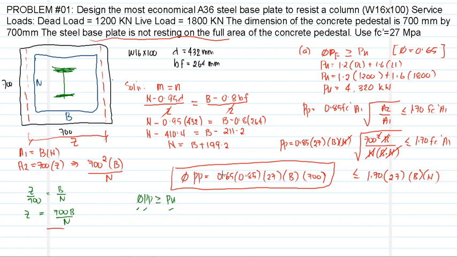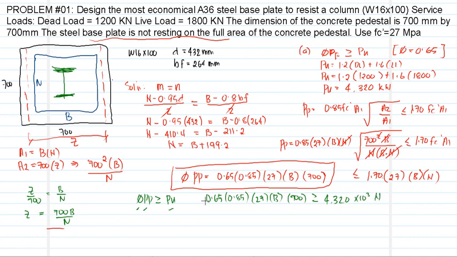So, this is our phi PP equation, in terms of B. So, substituting our values here, our phi PP is equal to 0.65, 0.85, 27, B, 700, that should be greater than or equal to our value for PU, which is 4,300,420 raised to 3, so that we are in Newton.